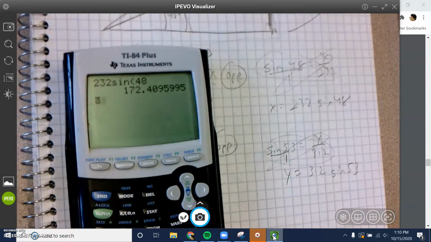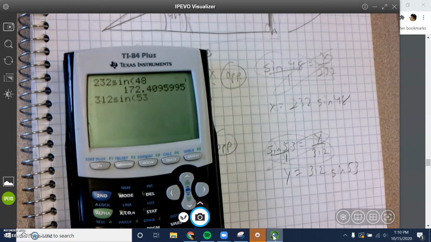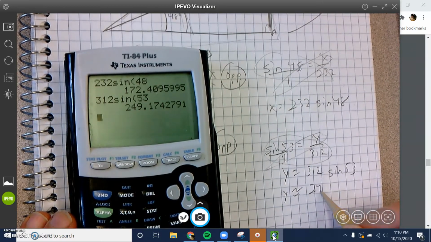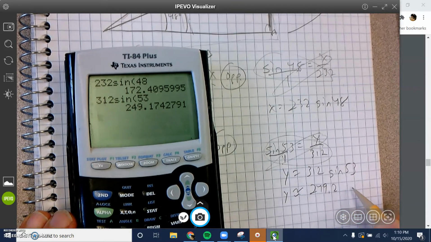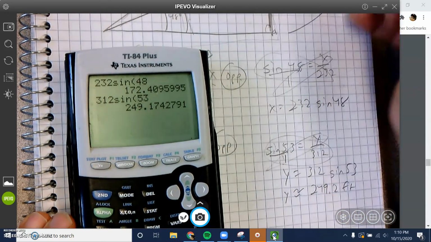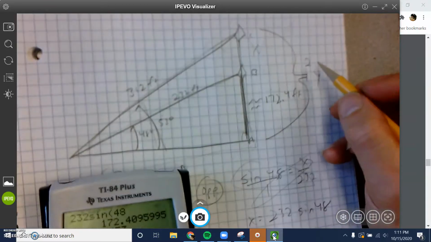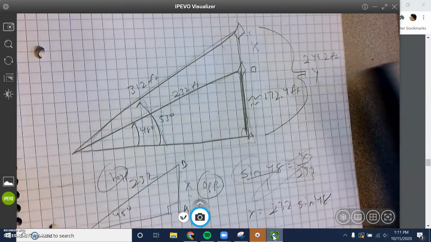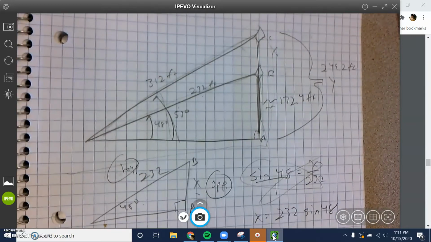So calculate it up. 312 sine 53, and you have Y is approximately 249.2 feet. Okay. So what do we find out?